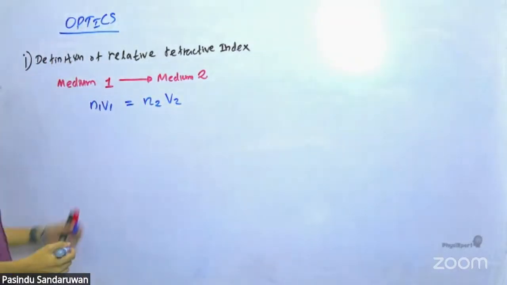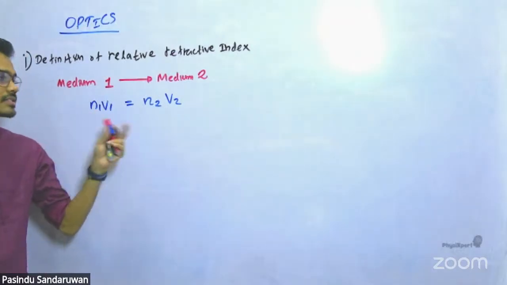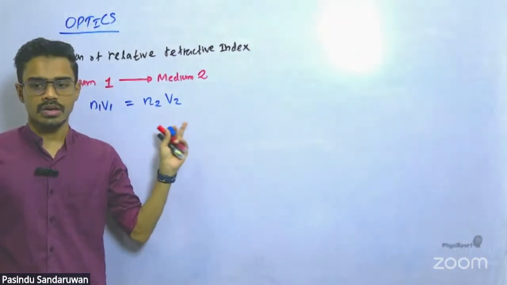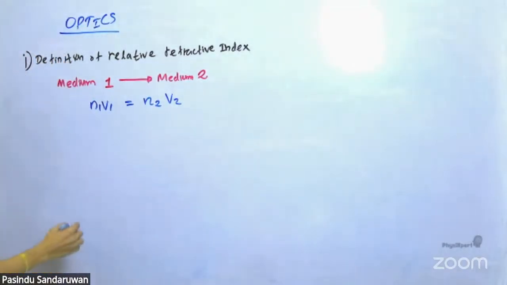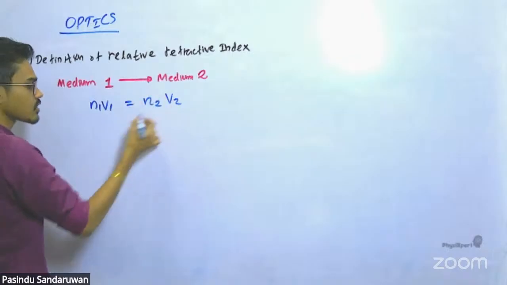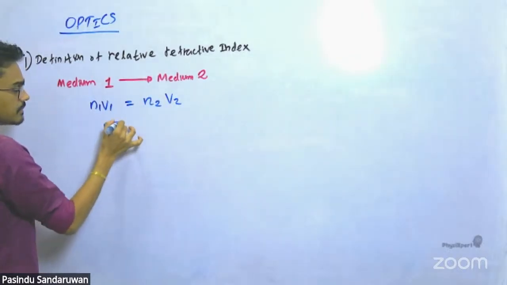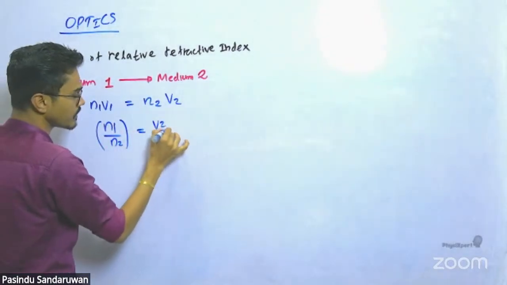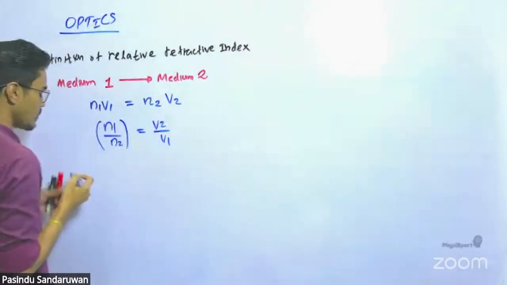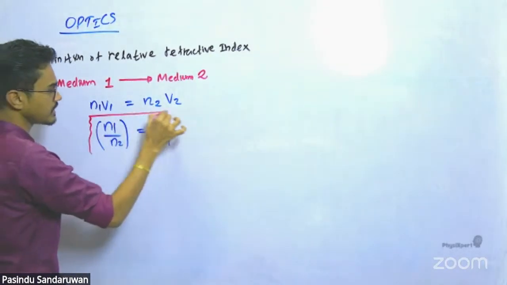Parameters of medium 1 are considered as N1 V1 and parameters of medium 2 as N2 V2. If we define the refractive index based on another medium like this, V2 over V1, this is called relative refractive index.